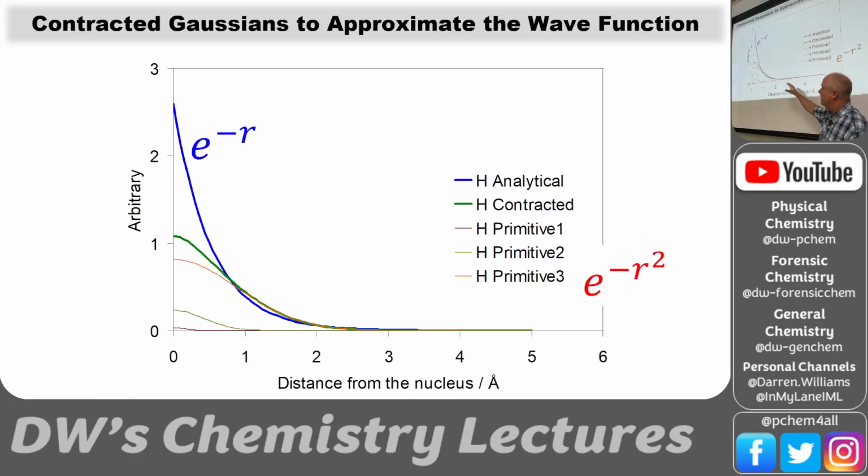Now the wave function for the electron, if we were to look at the hydrogen atom and how Schrodinger solved it, this was the wave function for the hydrogen atom. It was an e to the minus r function. And the integral of e to the minus r is not as clean as the integral and the derivative of e to the minus r squared.